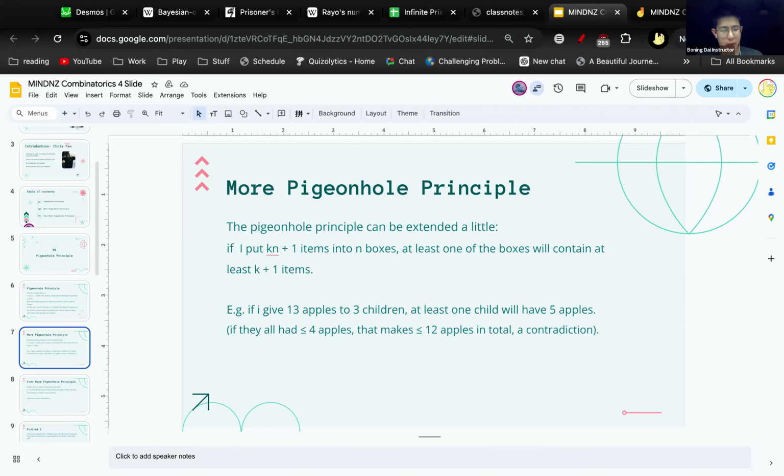So there's 3 categories, and therefore k is equal to 4. So at least one child has k plus 1 equals 5 apples. And you can see a proof of this below. Assume for the sake of contradiction that they all have fewer than or equal to 4 apples. Then that means that there are fewer than or equal to 12 apples in total, which is going to be a contradiction.